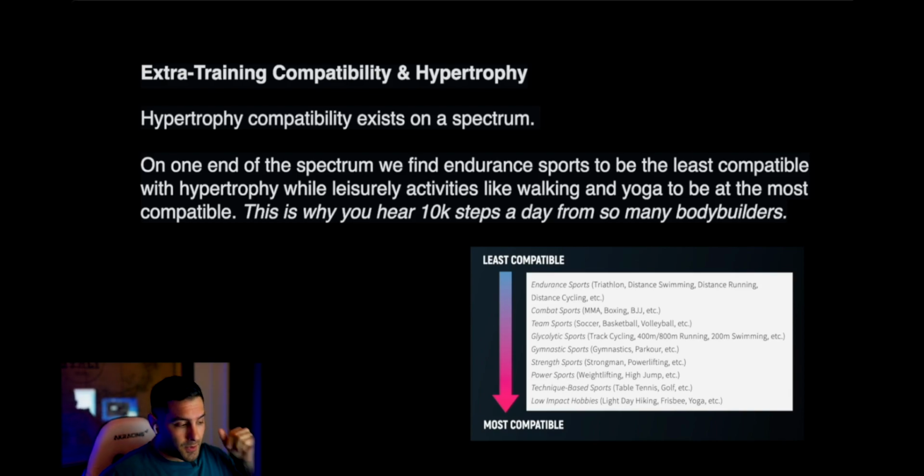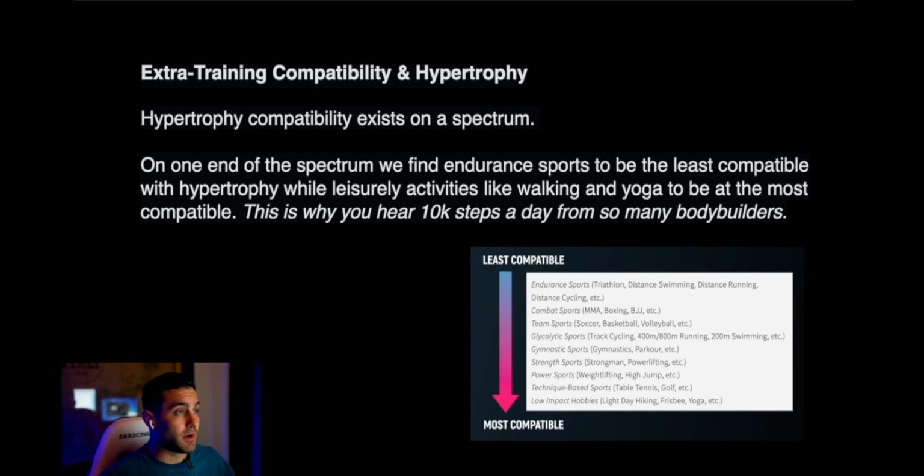All right. So extra training compatibility and hypertrophy. So the application of this very simple concept is basically that one of the key takeaways that I want you to take from this topic is that there are a lot of these extra training activities that we can do. So for example, a lot of people who want to lose weight want to do some form of cardio, right?